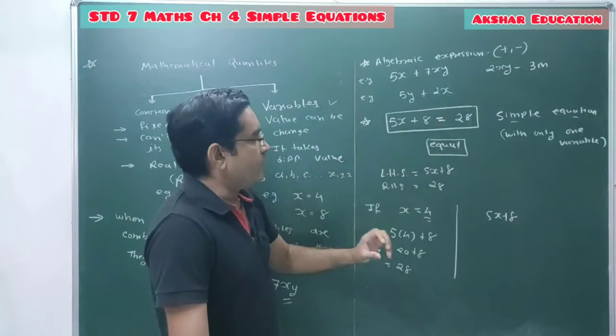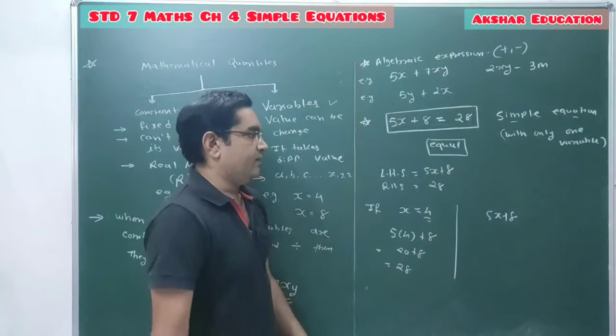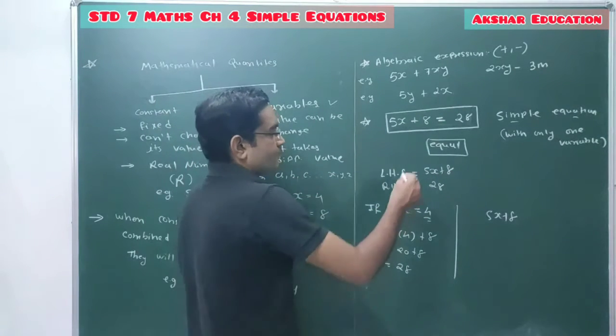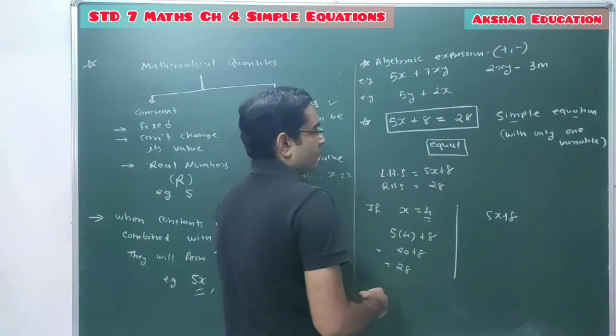For any simple equation, it consists of an equal to sign, and the condition is on both sides of this equal to sign.